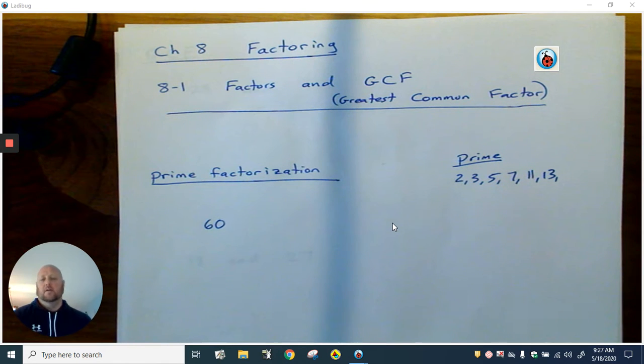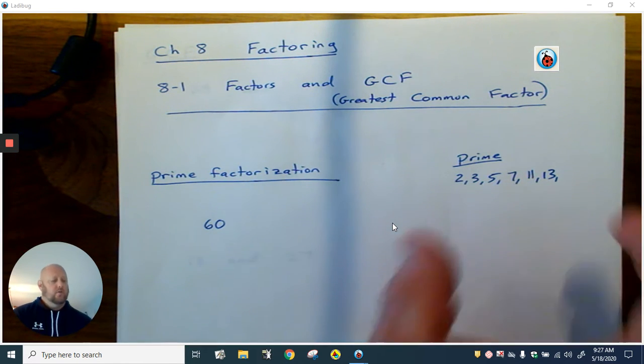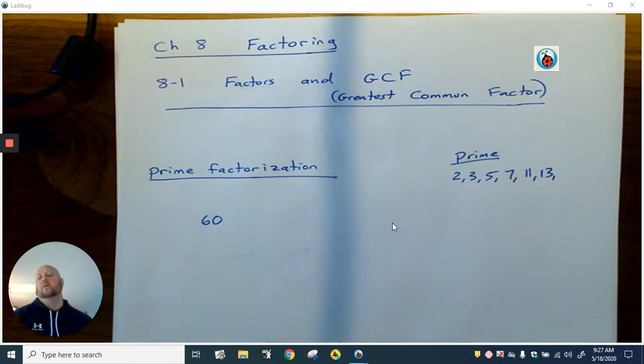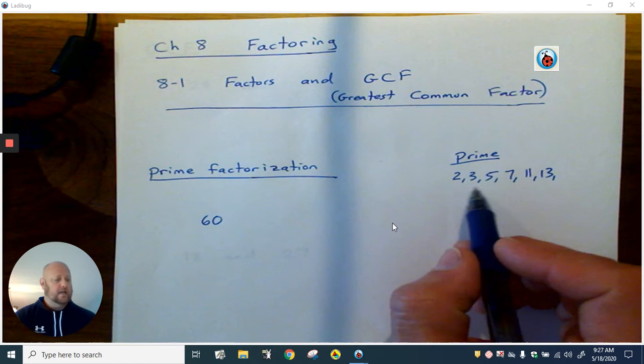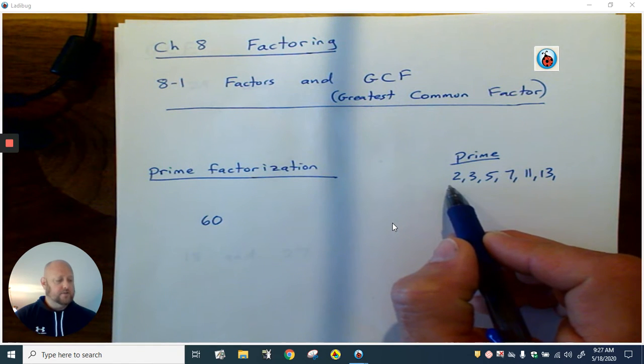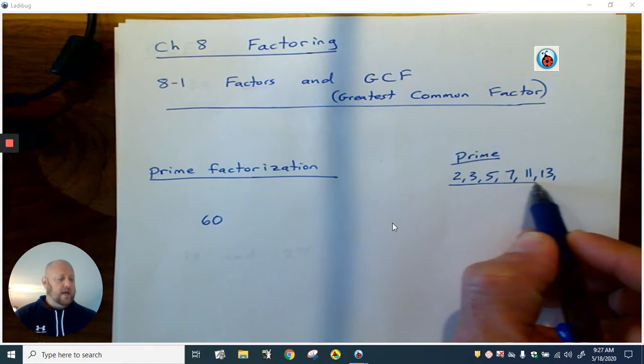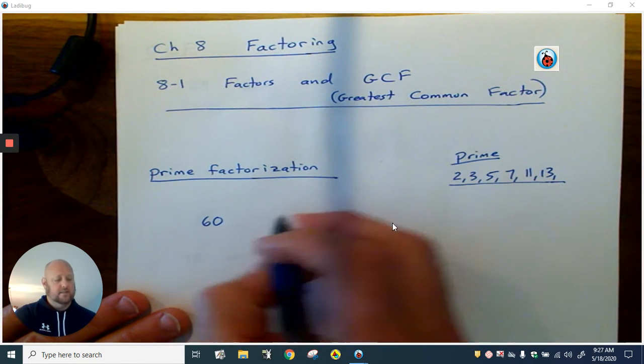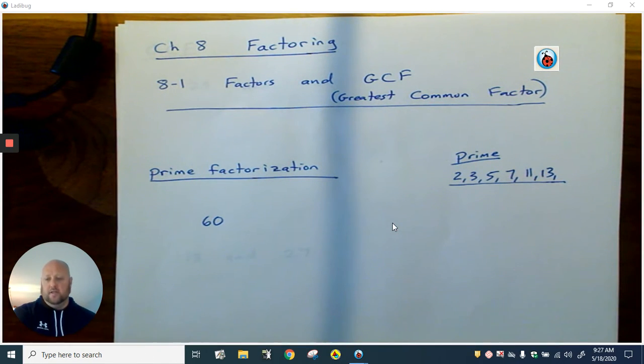We can keep going. But our goal here is to say what numbers multiply together to get 60, okay? And there's a few different ways to do this. Now, the ultimate goal here is to only have prime numbers, okay? Because we could say 60 is 2 times 30, right?